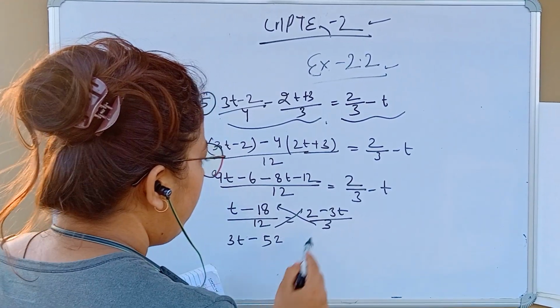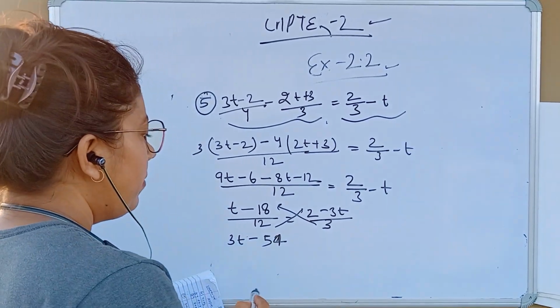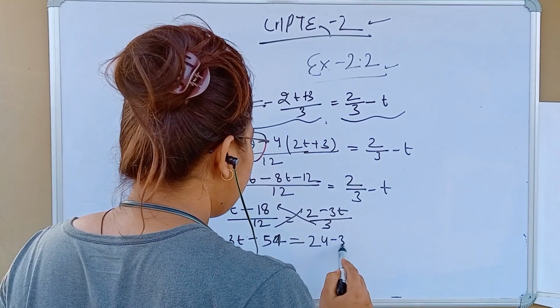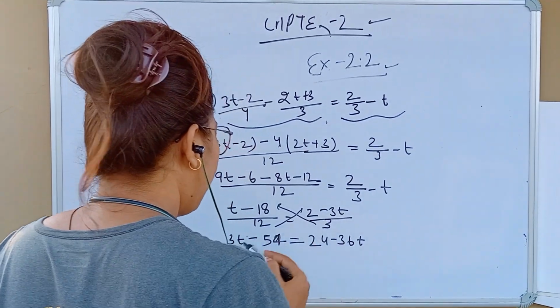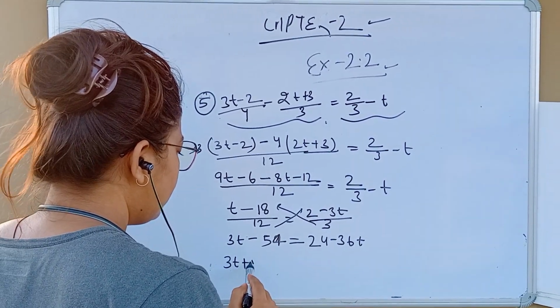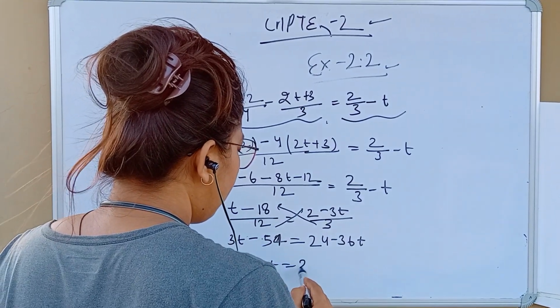So 3 times (t minus 18) is 3t minus 54, and 12 times (2 minus 3t) is 24 minus 36t. Take 36t to this side: 3t plus 36t minus 54 is equal to 24.